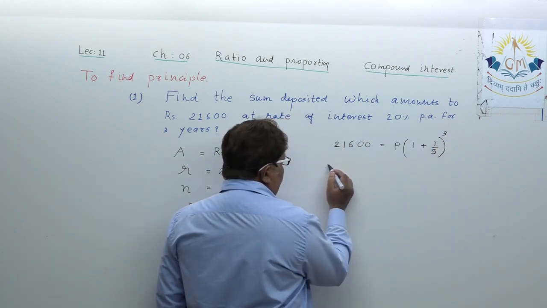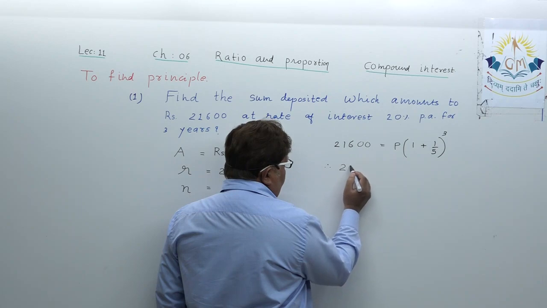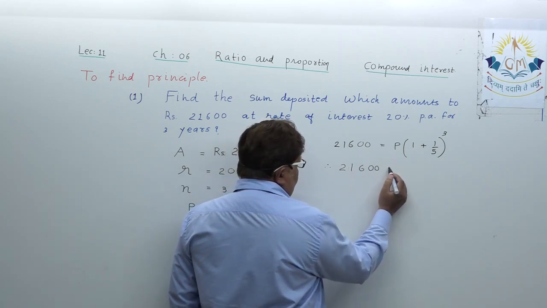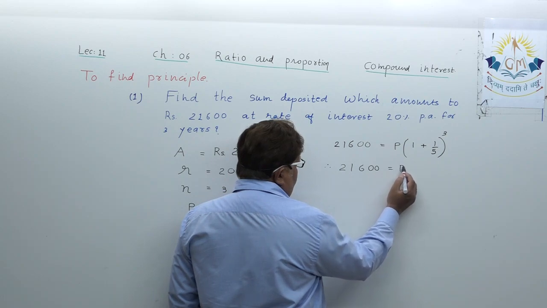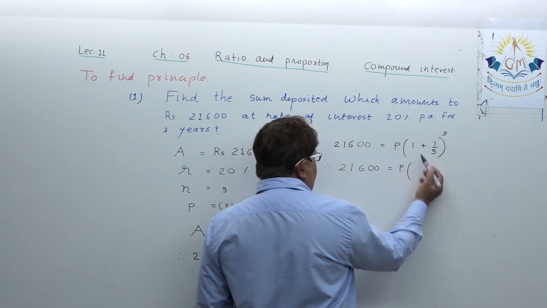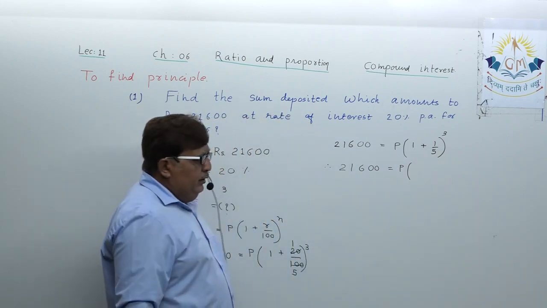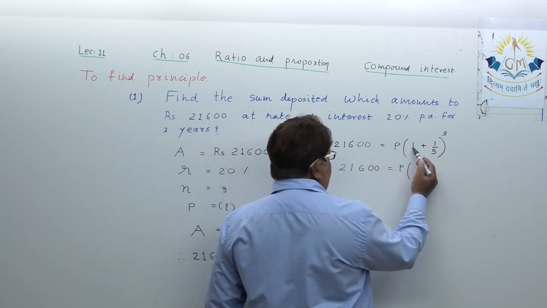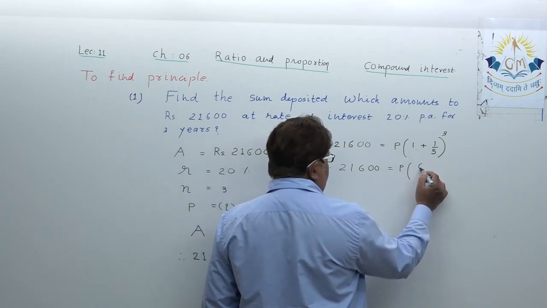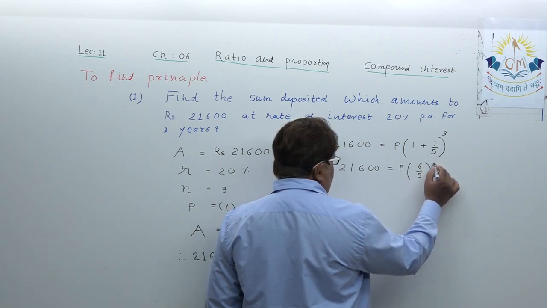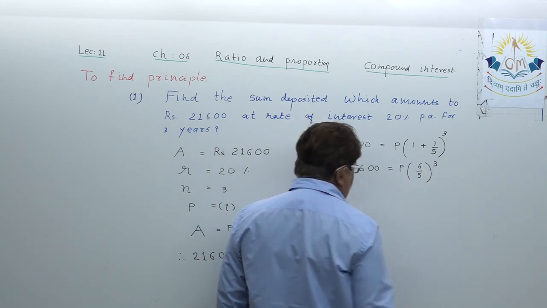Okay, therefore 216,000 equal to P into bracket, just take the LCM, dear student. 5 ones are 5, plus 1, 6 upon 5 raised to 3.